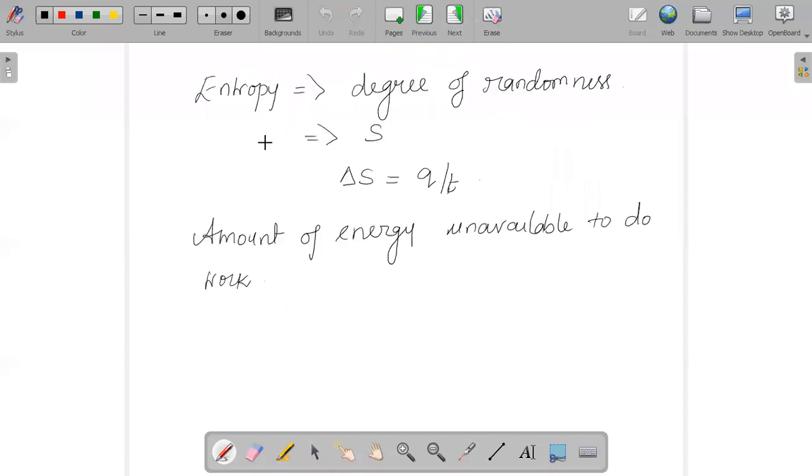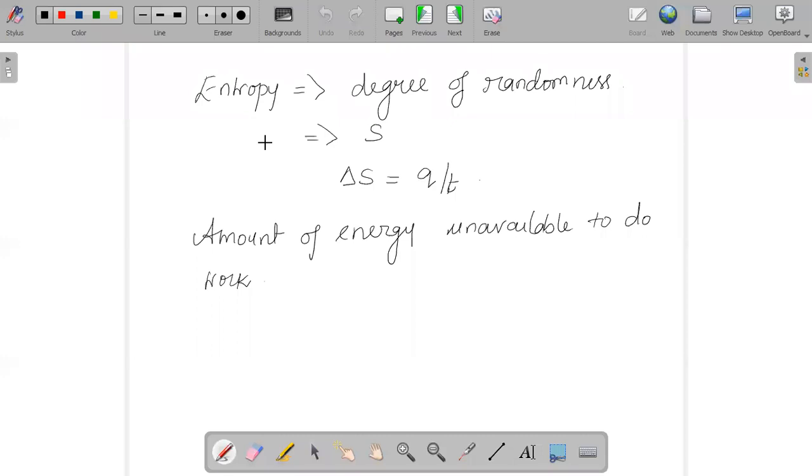And now, entropy. Entropy is the degree of randomness. Entropy is denoted by the symbol S, and delta S is equal to Q by T. It is the amount of energy which is unavailable, which is why we use the term degree of randomness.